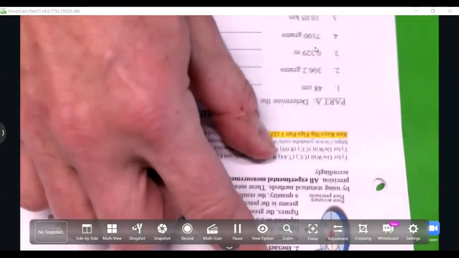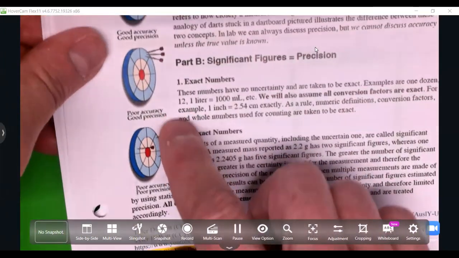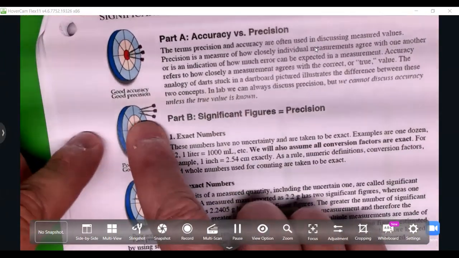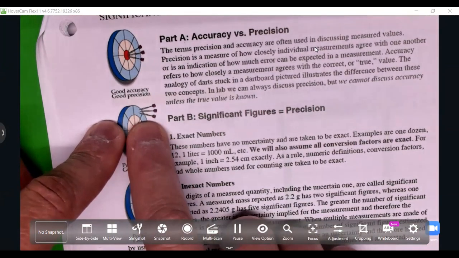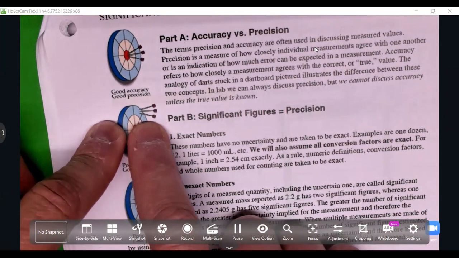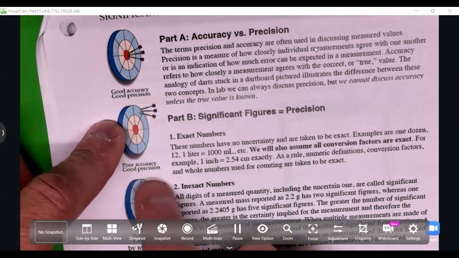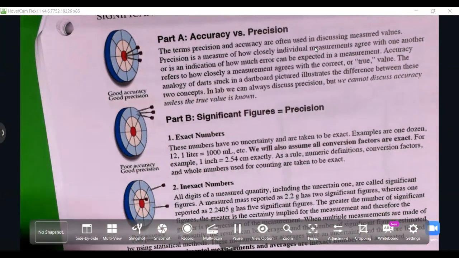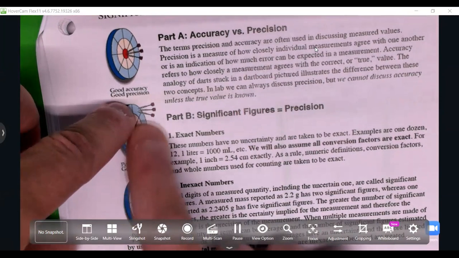Now, precision here is how close are you in your measurements? So this could happen in lab, especially the CO2 lab. You do the lab 3 times. Whatever you did, you did a great job. All 3 results are very, very close. You just didn't get the right answer.